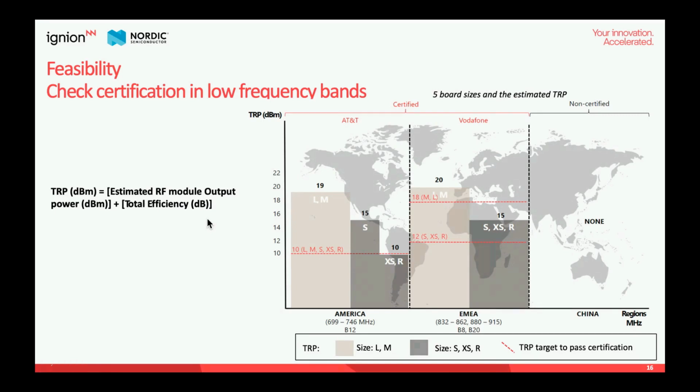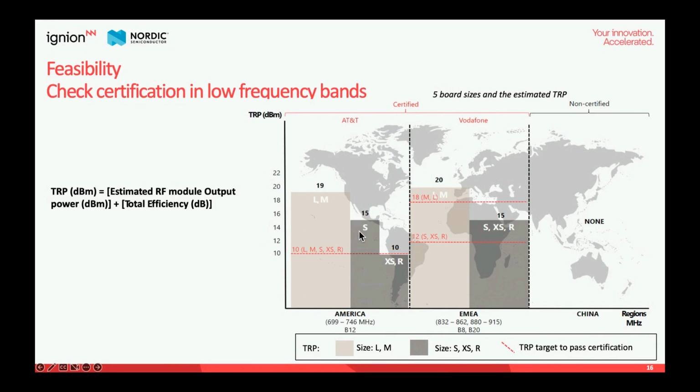Let's imagine that we want to certify in America with AT&T, for example, and we know that for small devices, less than 109 millimeter, the minimum TRP to certify is 10 dBm. So this means that for the large and medium PCB board, we can have much more TRP, so we have enough margin to certify. And even with the short PCB, we have 15 dBm, 5 dB above the target.